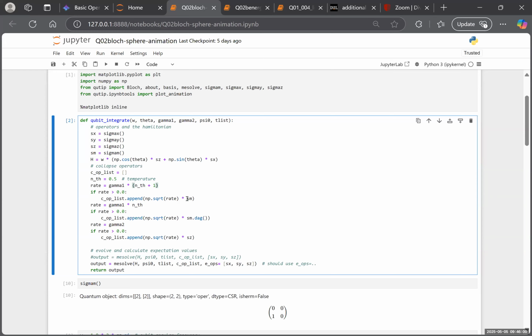What basically this means is that if you have a two-level atom, and you are here, then this is actually an act of sigma minus, from top to down, and it emits a photon.